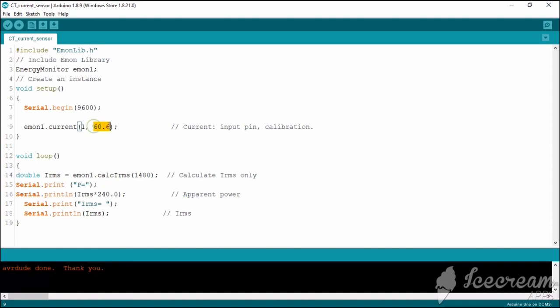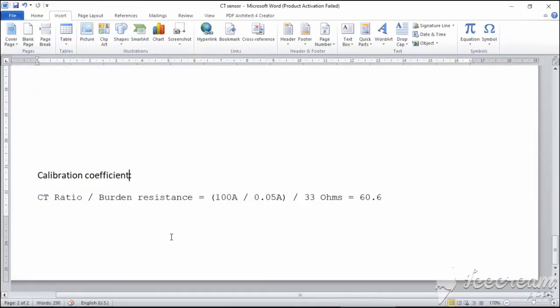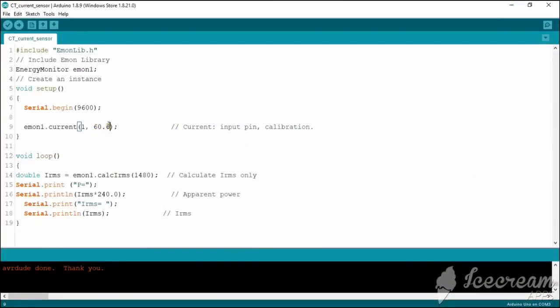From where we get this one, it's easy. We take the CT ratio divided by the burden resistance. In our case, our burden resistance is 33 ohms. So 100 ampere divided by 0.05 ampere, divided by 33 ohms, equals 60.6. We input it here.